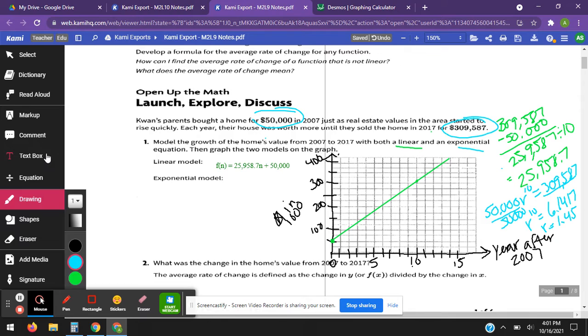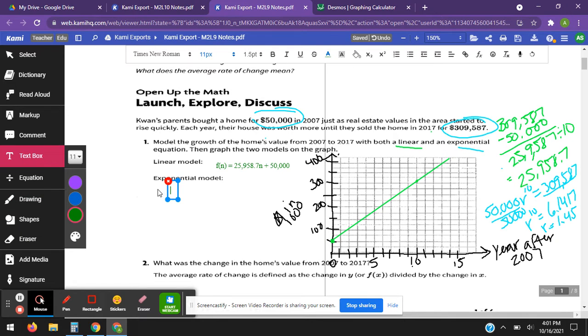I'm going to type what I'm doing here, and we might have to tweak it because, as I said, when we have to round, that starts affecting a lot of our stuff. So f of n equals our 50,000 times 1.45 to the x, right? Because we start with the 0.